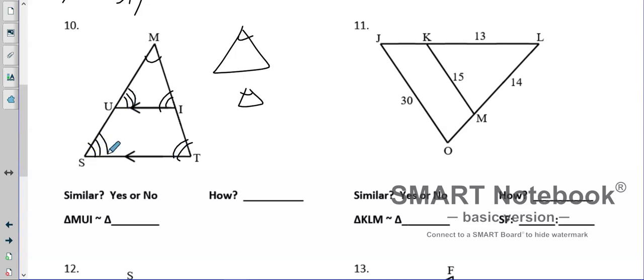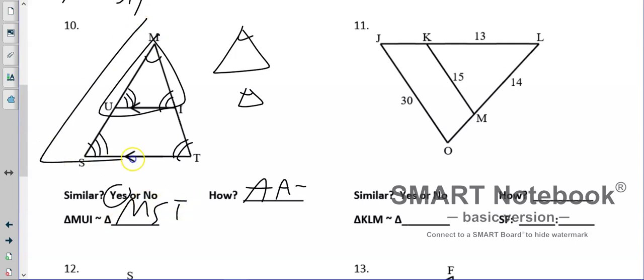So we actually have more than we need. We have AA similarity. And MUI, so it's yes, MUI goes this way, so we're just going to go the same way, MST. So we had more information than we needed.